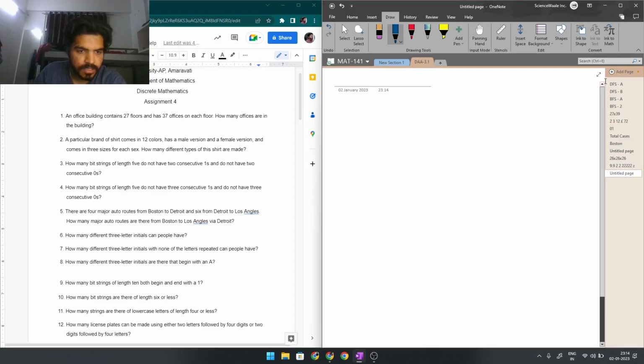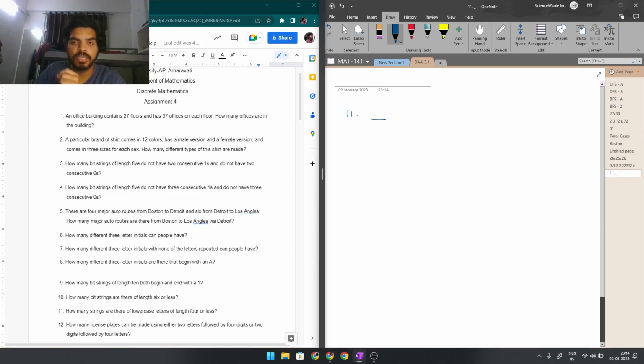How many strings are there of lowercase letters of length 4 or less? A similar type of question. 26, since only lowercase is concerned, so we won't go to 52. So 26 here, 26 here.